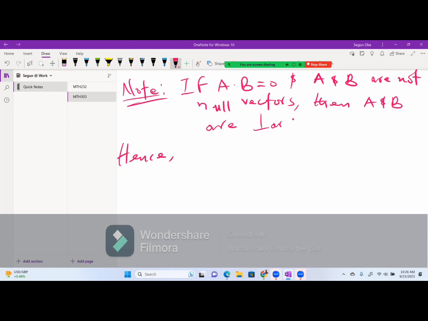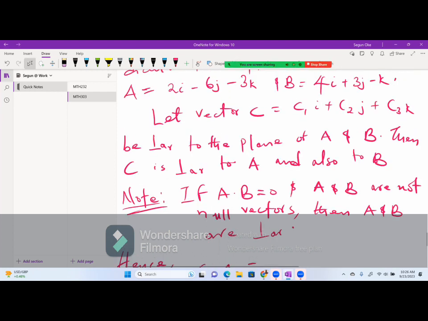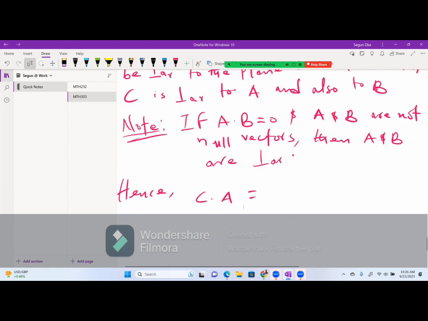Hence we have C dot A. Remember your A. Who can tell us what C dot A will be? And C dot B. How do we do it? Remember, when you are doing dots, 2I multiplied by C1I, that is the meaning of dots. So it's going to be 2C1.